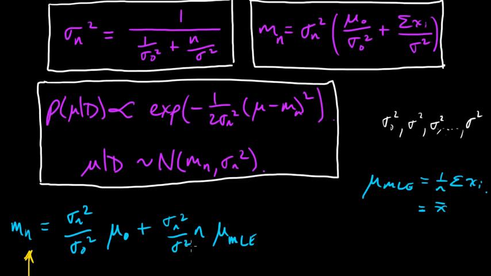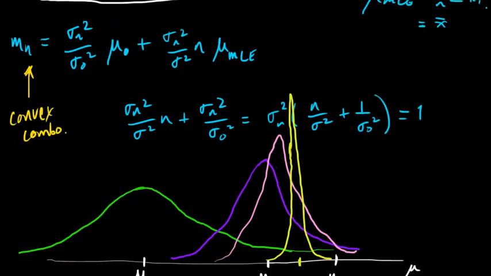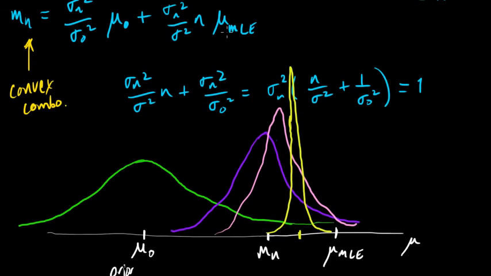You can check that little calculation there. It's a simple thing. So it turns out that Mn is going to converge to the same thing as the MLE as n goes to infinity. And the MLE is consistent, in fact. We haven't proven that. But that means that the posterior distribution will concentrate to a point mass at the true value.